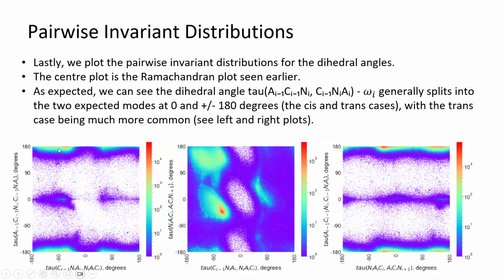That's basically the same thing, we've just split this peak into 2. As expected, we've got a lot more of the plus or minus 180 case, which is generally referred to as the trans case of this dihedral angle. Then we've got some concentration, but it's much less common at 0. But then we've got plenty of things in between as well.